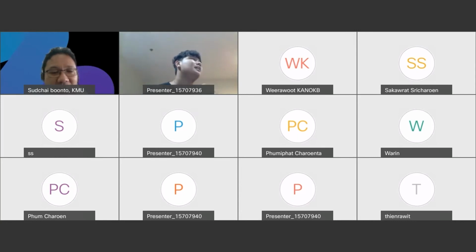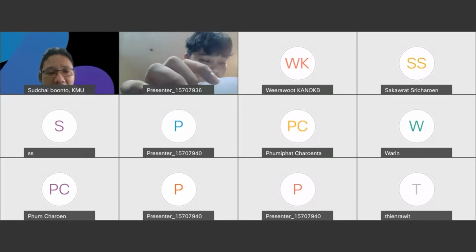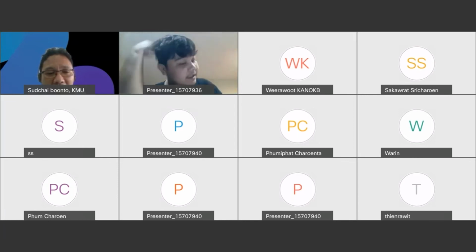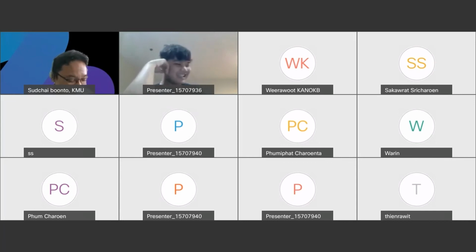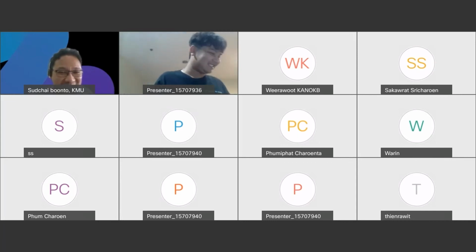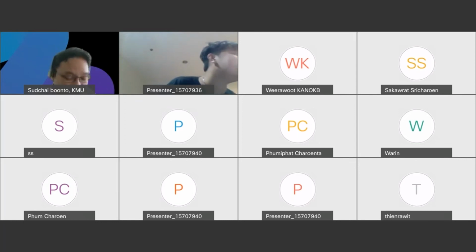I compared many methods for classification in this work, but the ensemble subspace discriminant has high accuracy. Okay, thank you.